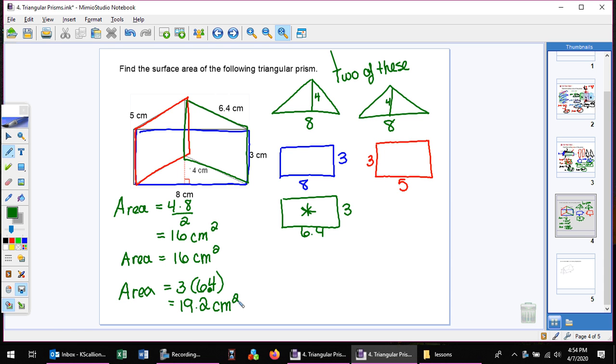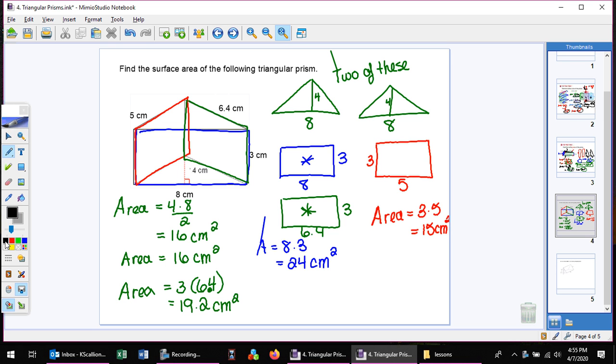All right, then I'm going to do this one, my blue one. So the area of that one is going to be 8 times 3, which gives me 24 centimeters squared. And then my red one, the area of this one is going to be 3 by 5, which is 15 centimeters squared.